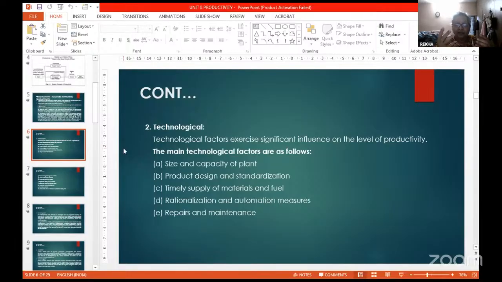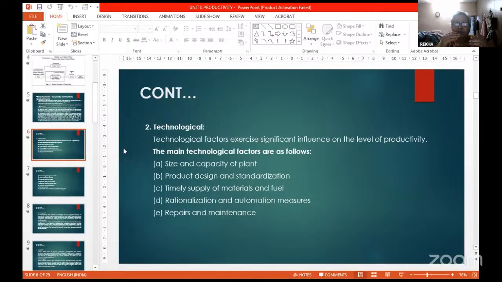If you have the technology to produce 100 units, just as an example, but you don't have that much capacity, then what will happen? You won't be utilizing the total resources, because your plant size is small and does not have the capacity to produce those 100 units.